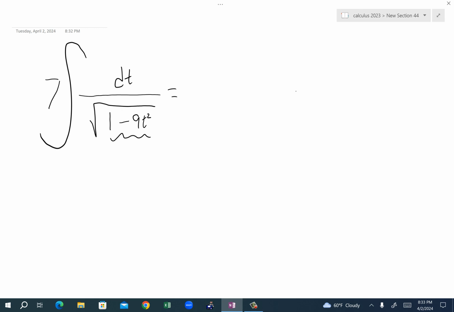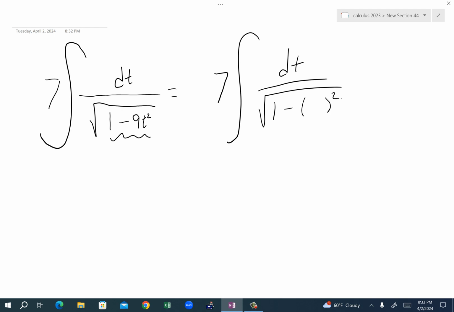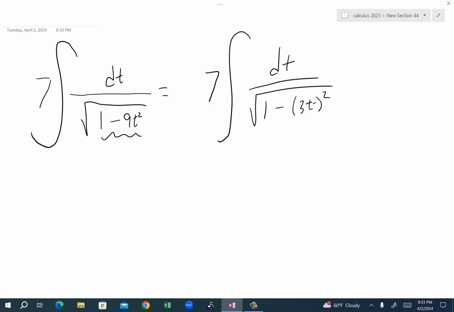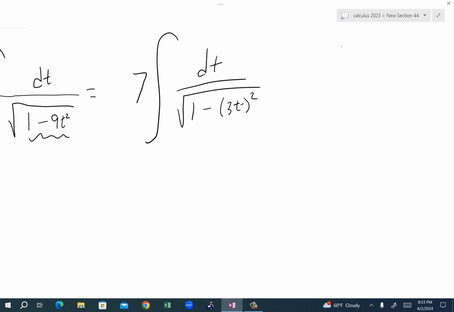Now, the key to remember is we must beat this thing into submission. It must look like something squared. Well, our something is 3t. True dat, homies? So u equals 3t, du is 3 dt.